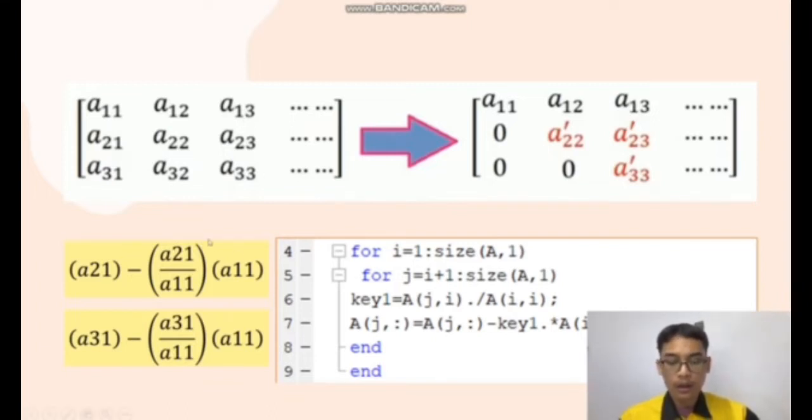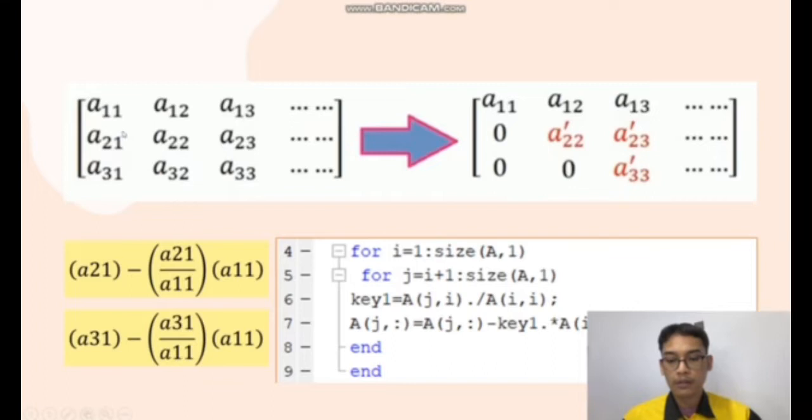Now, our formula that we use to find the new value for each A21, we can write A21 as Aj1.